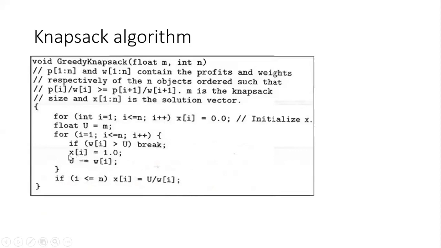And finally, from the total value of M, subtract the weight of the item that I have added just now. And I also have to check the condition if I is less than or equal to N each time, that is, within the limit. The number of items has not exceeded the given number of items. If so, then X of I will be U by Wi.